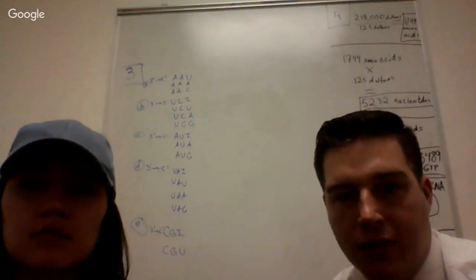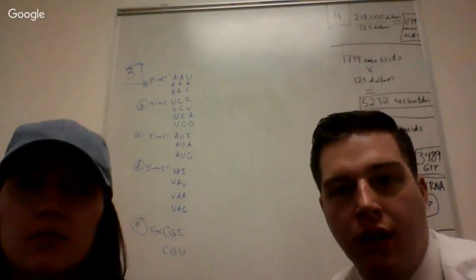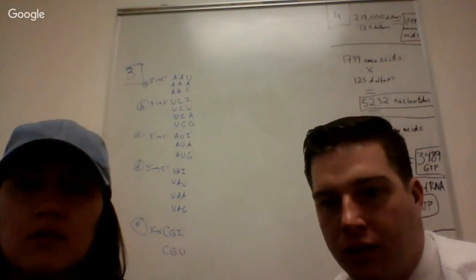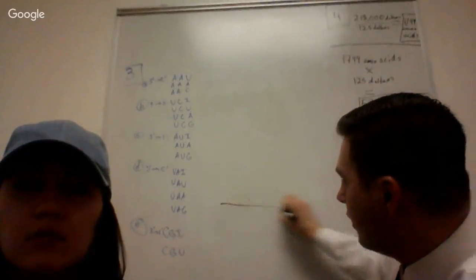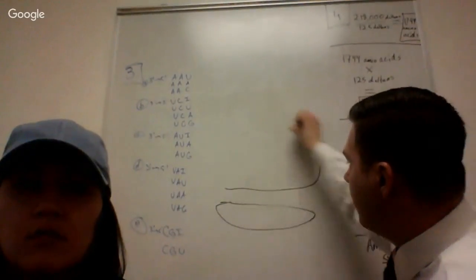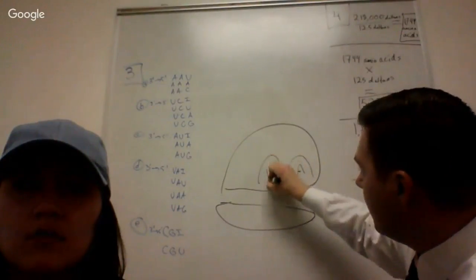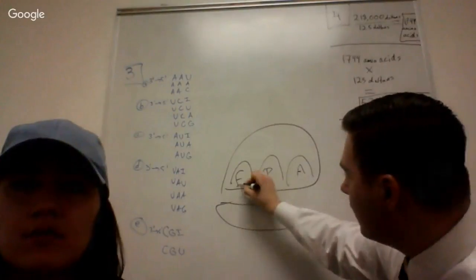And then the next one asks about some sites on a ribosome. The initiator tRNA binds to the P site of the ribosome, whereas the remaining charged tRNAs bind to the A site. So if you have a lower part of the ribosome and the upper part, then you have the A site here, P, and the E site.